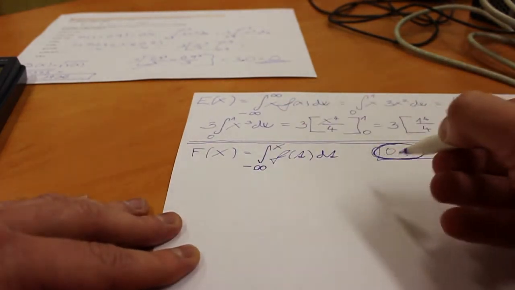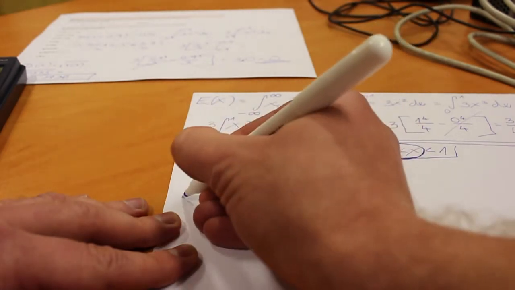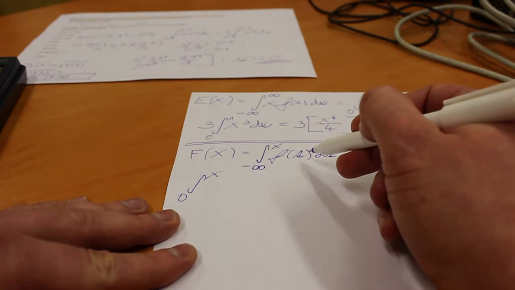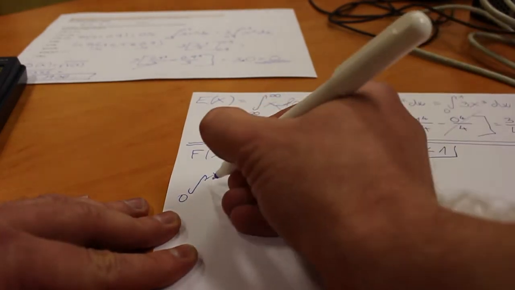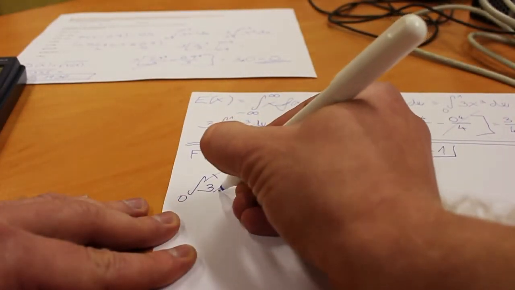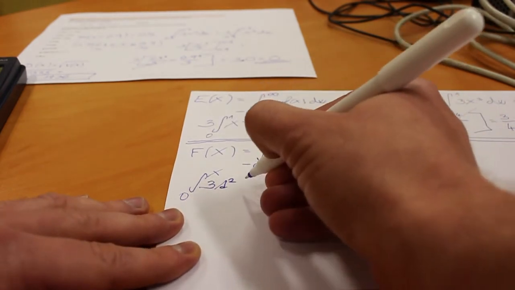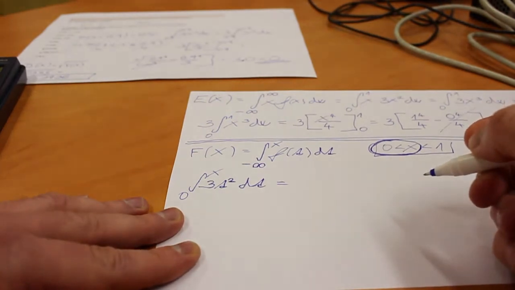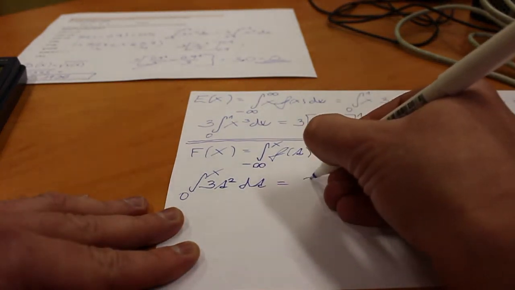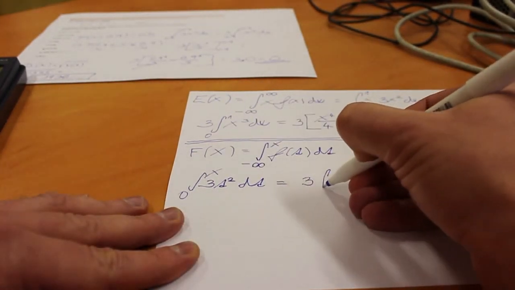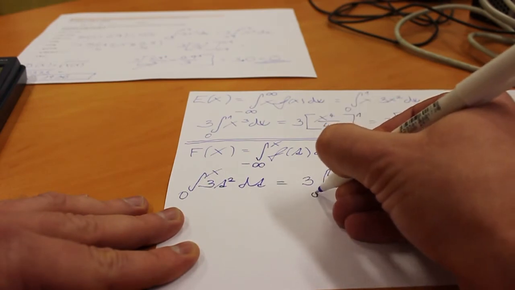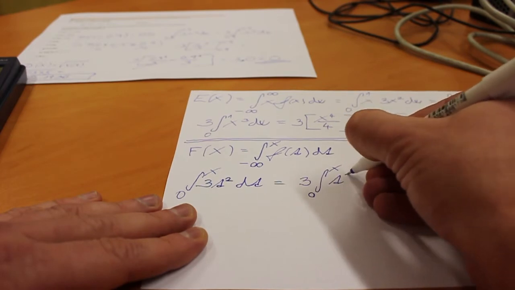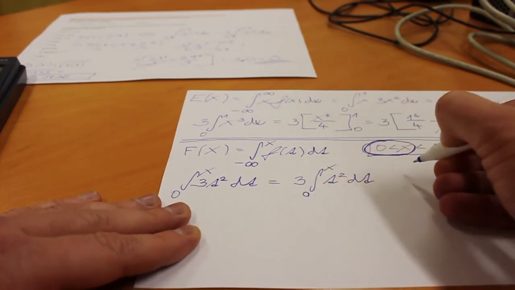So please calculate the integral from 0 to x, and instead of x I will use t: 3t squared, and the differential is dt. Classical substitution. Now 3 can be placed in front of the integral, with lower bound 0 and upper bound x, of t squared dt.